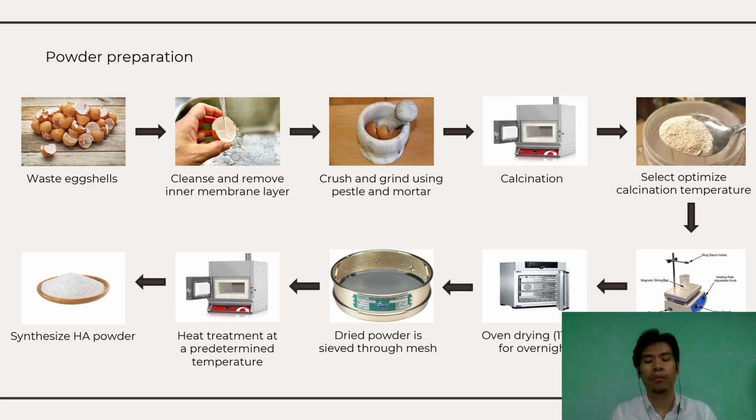Then the heat treatment will be carried out at a predetermined temperature to obtain homogeneous composition. And lastly, the compact thermal treated HA will be crushed and ground to break the particle agglomerates and for characterization purposes.